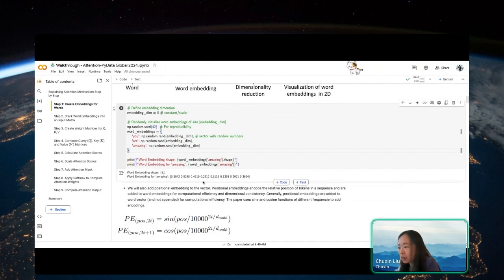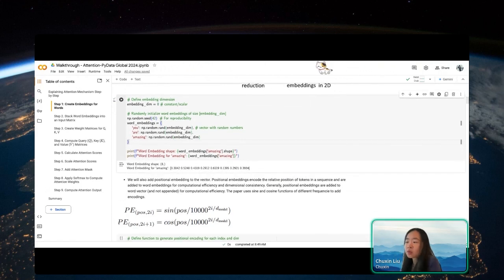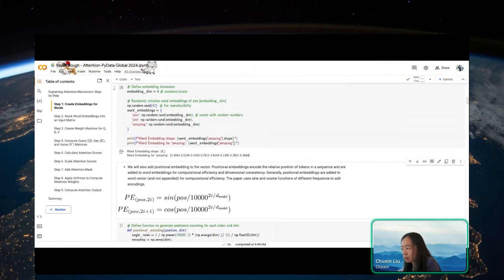All right. Okay, so next step, we also want to add positional encoding to the vector. Positional embedding encodes the relative position of tokens in a sequence, and that is added to the word embedding for computational efficiency and dimensional consistency.